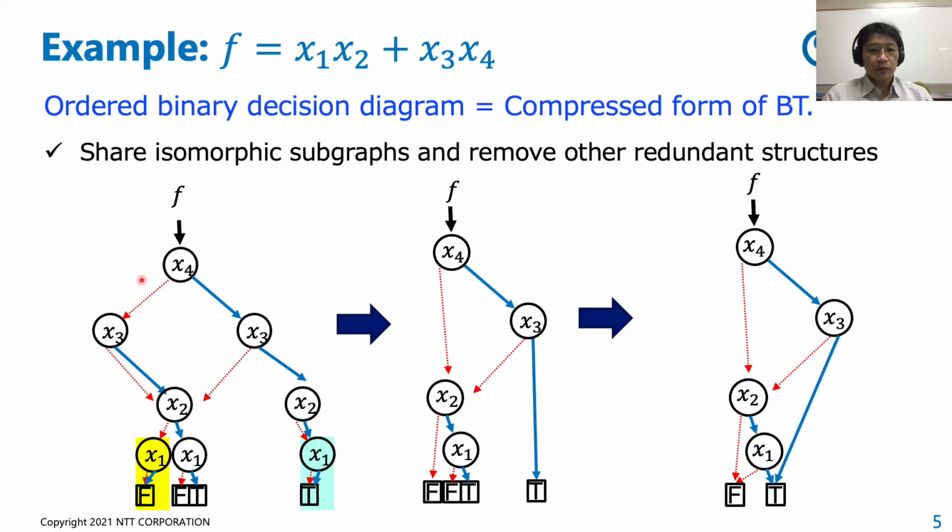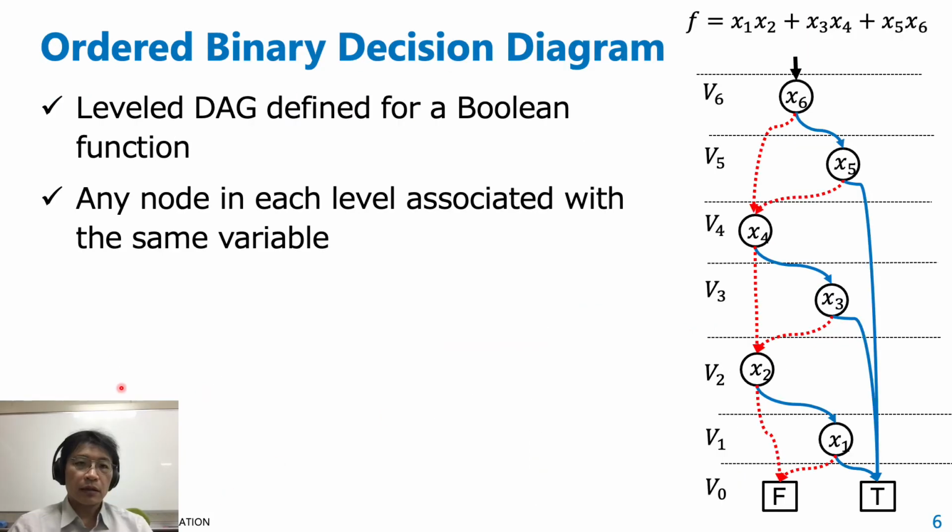For instance, by gradually sharing isomorphic subgraphs like this, we can get an OBDD. So an ordered binary decision diagram is a leveled DAG defined for a Boolean function, and any node in each level is associated with the same variable.